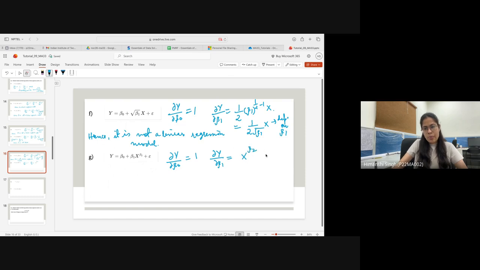Here, we do not even need to check the derivative with respect to y, because x is to the power beta 2, which is dependent on the parameter. So it is dependent on beta 2. So from here only I can say it is not linear.